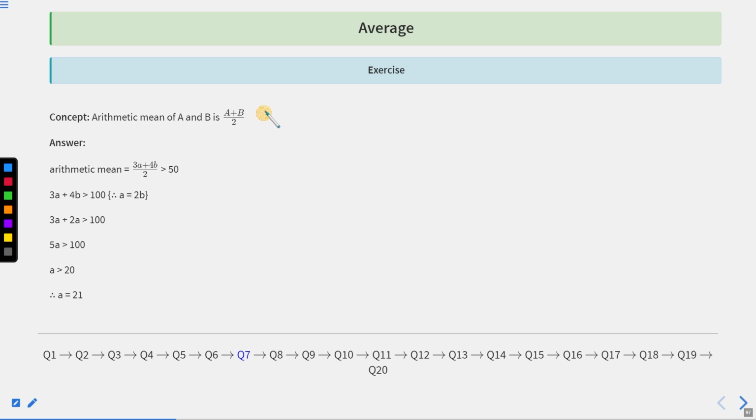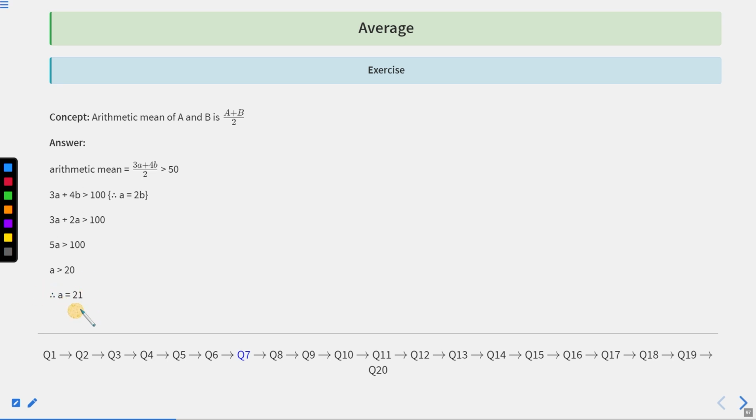This is the concept that will be used here. So the arithmetic mean is equal to 3a plus 4b upon 2, which is greater than 50. So 3a plus 4b is greater than 100, and since a is equal to 2b, we will have 3a plus 2a greater than 100. That means 5a is greater than 100 and a is greater than 20.